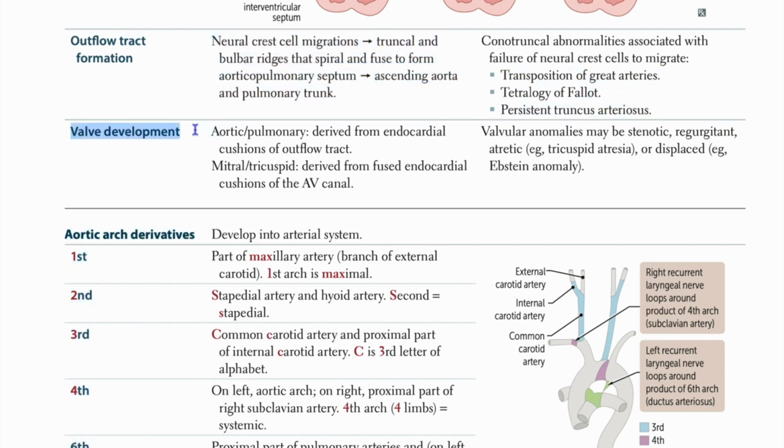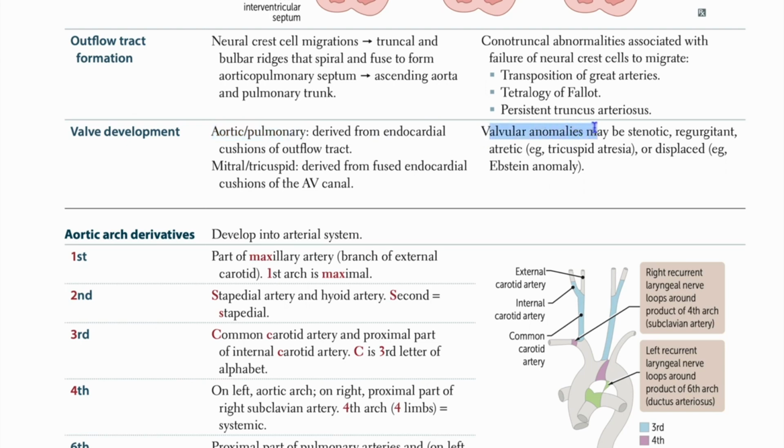Then you have valve development. The aortic and pulmonary valves are derived from endocardial cushions of the outflow tract. Mitral and tricuspid are derived from fused endocardial cushions of the AV canal. That's the atrioventricular canal. That would be your mitral and tricuspid, right? And these are your aortic and pulmonary valves.